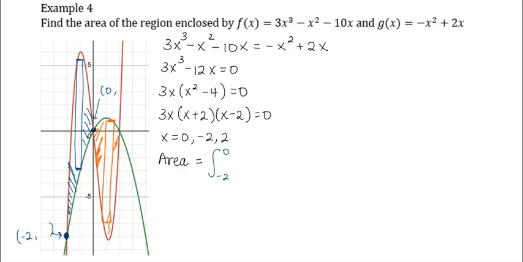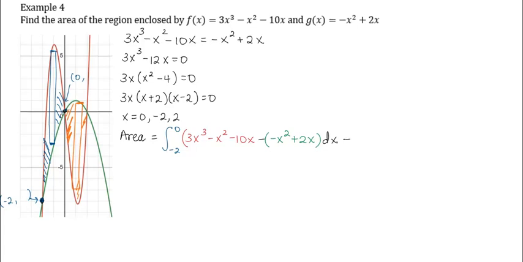And in that region, the cubic function of 3x cubed minus x squared minus 10x is on top. So from that, we will be subtracting the parabola, which is negative x squared plus 2x. We're integrating that with respect to x.